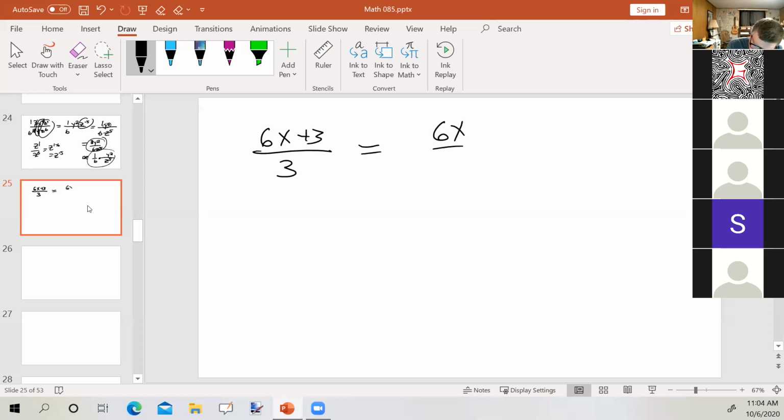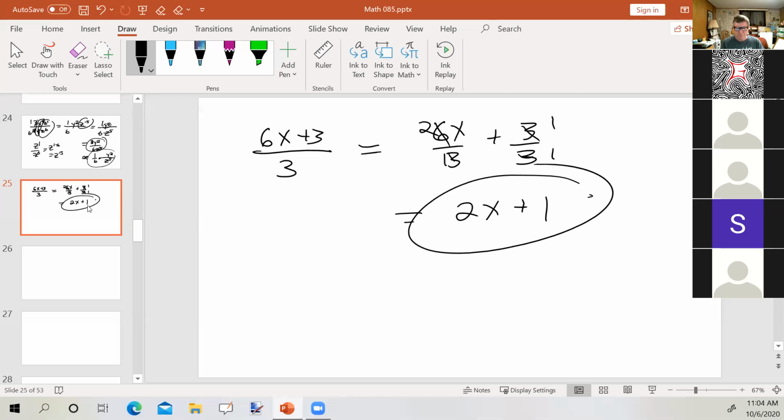Take each term in the numerator and divide it by the term in the denominator, creating separate fractions. Then go back and reduce or simplify each fraction. So 6 over 3 is 2 over 1. 3 over 3 is 1 over 1. So I get 2x plus 1 as my final answer. Be okay with this?